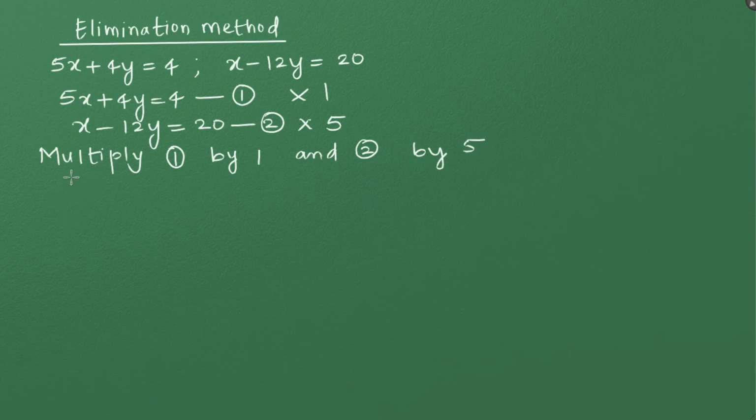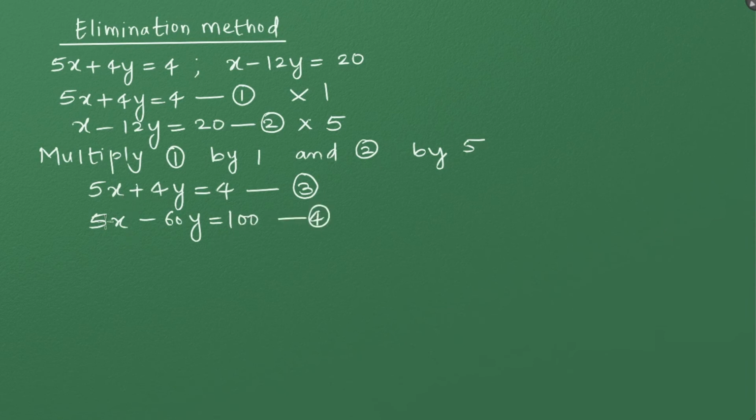So when you multiply equation 1 by 1, you will be getting the same equation back. Still, let us mark this as equation 3. Now equation 2 to be multiplied by 5 will give 5x minus 60y equals 100. So this is equation 4.